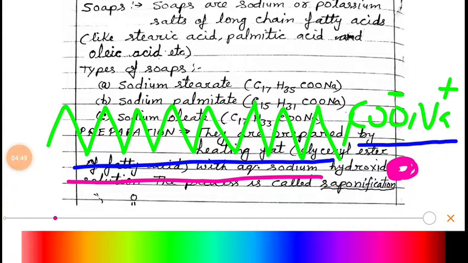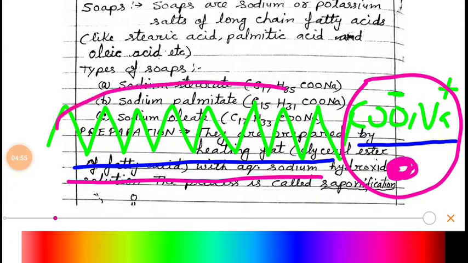This property of the soap molecule, in which one end is hydrophilic and the other end is hydrophobic in nature, plays a very important role at the time of cleaning action of soap or detergent when we use this at the time of washing cloth.